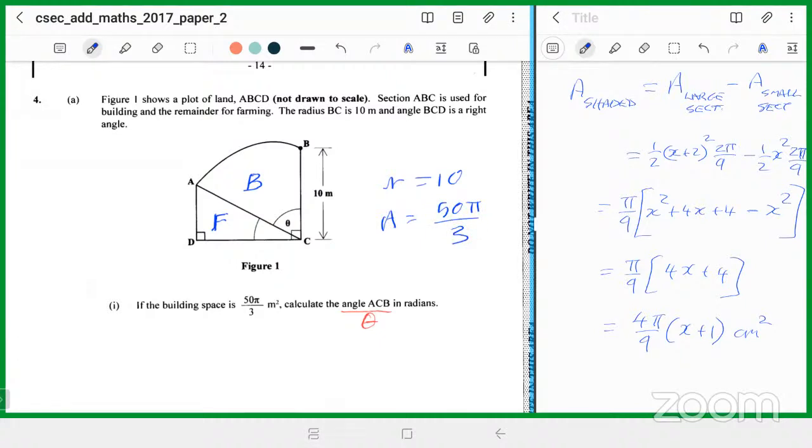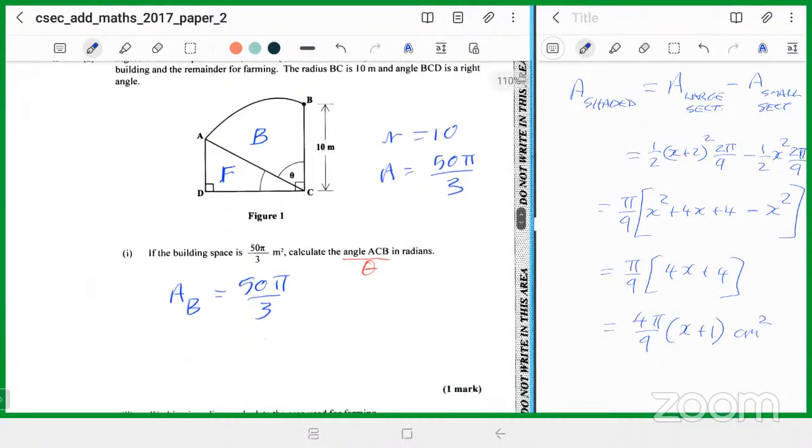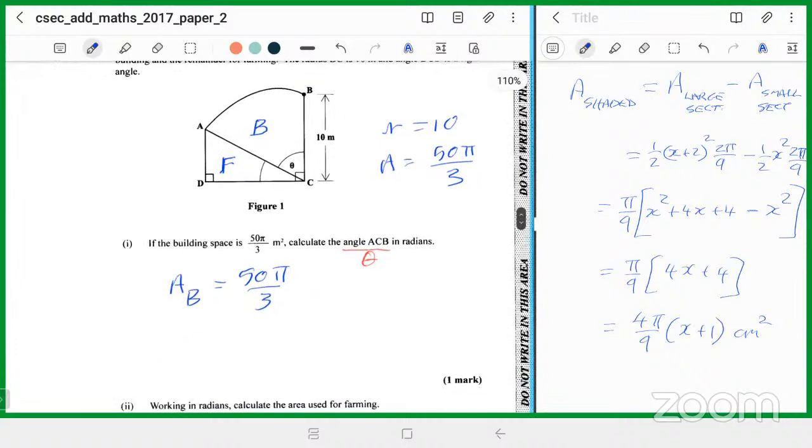So the area of the sector, area B, is 50 pi by 3. That area is half r squared theta. That is equal to 50 pi by 3.